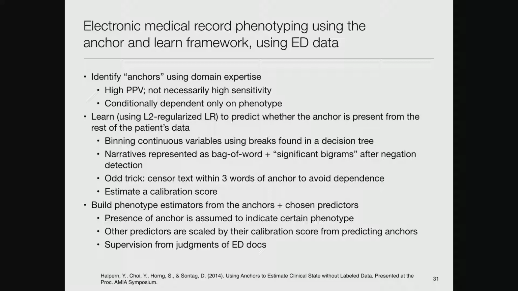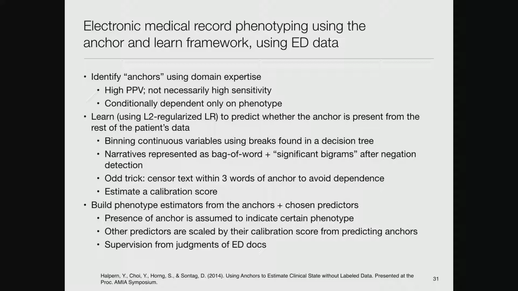And then they built an L2 regularized logistic regression model that said, what are the features that predict the occurrence of this word? And then they expanded the search vocabulary to include those features as well. And again, there are tons of details about how to discretize continuous values and things like that you can find out about. So you build a phenotype estimator from the anchors and the chosen predictors.